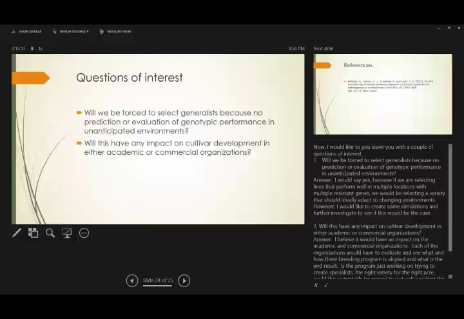Breeders will have to decide if you want to have a cultivar that is adaptable to many regions, or if you want to have several cultivars that have good performance in specific regions. So we as breeders are going to be facing those questions, right?